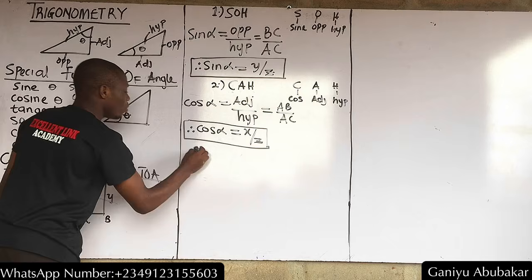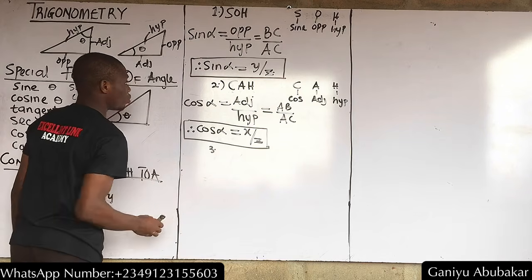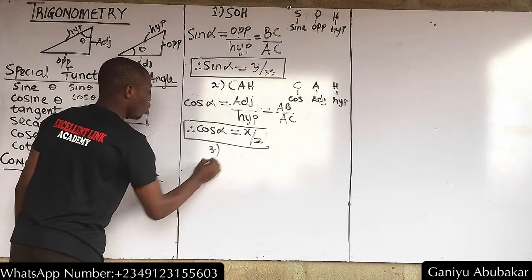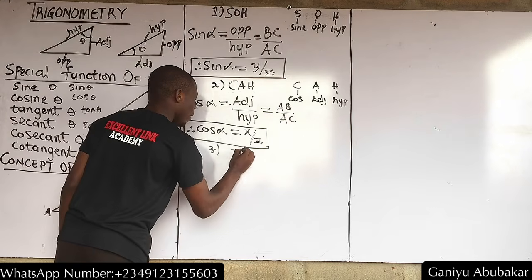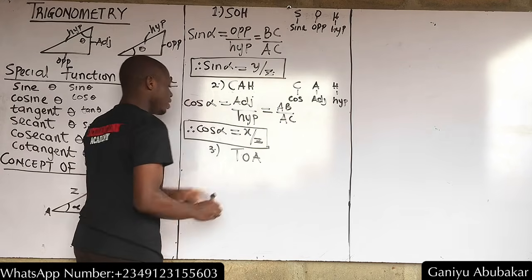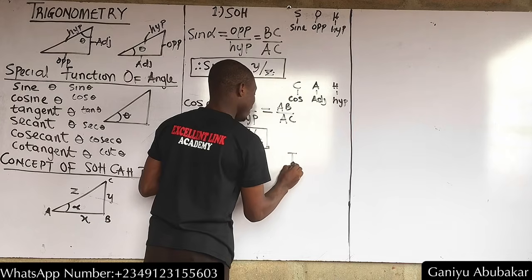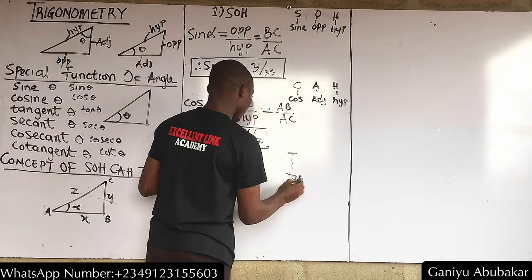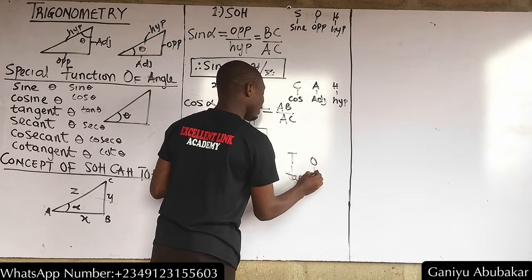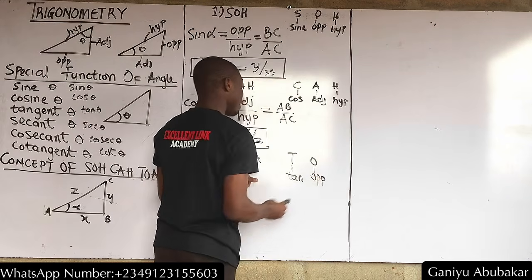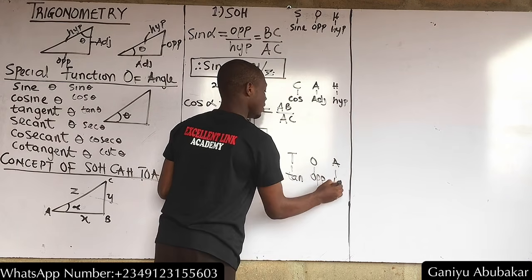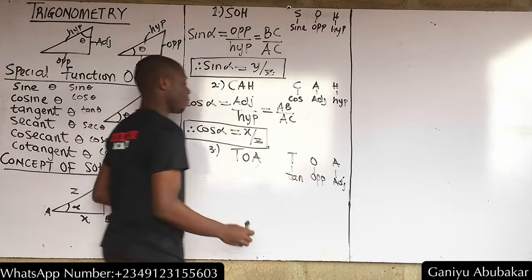So note this expression for CAH. The third concept you need to note is what we called TOA. This T here signifies tan. This O here signifies opposite, while this A here signifies the adjacent.